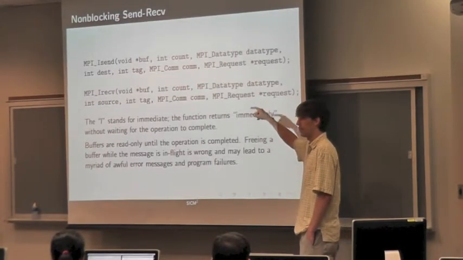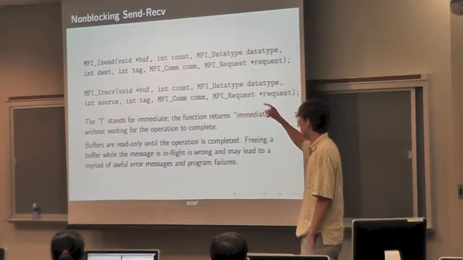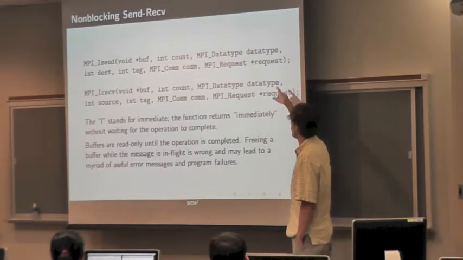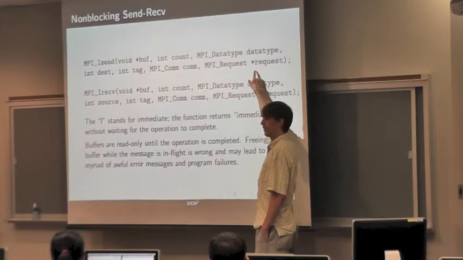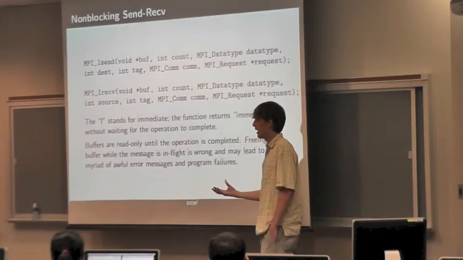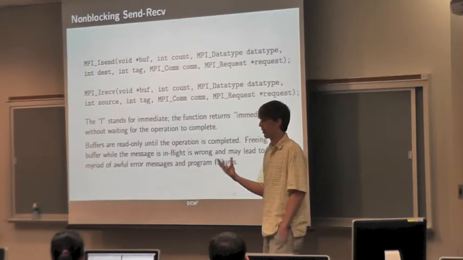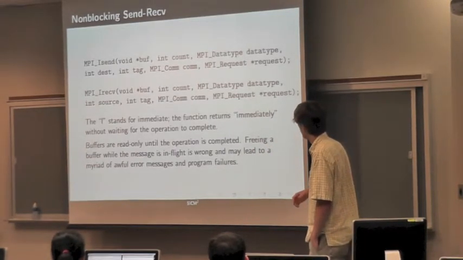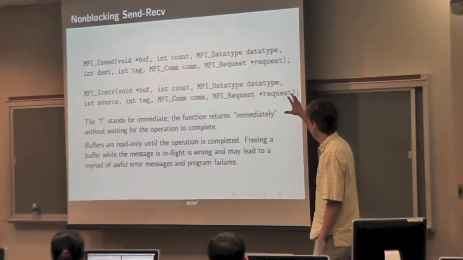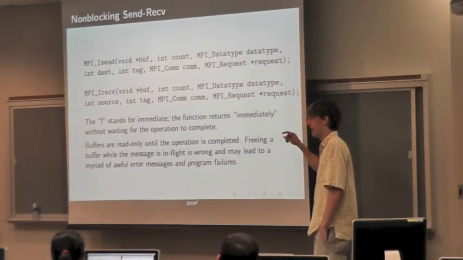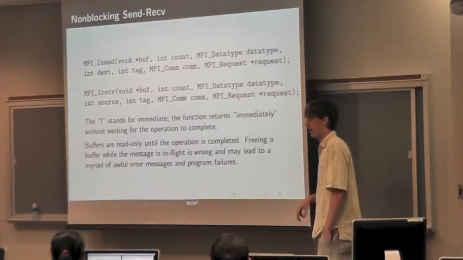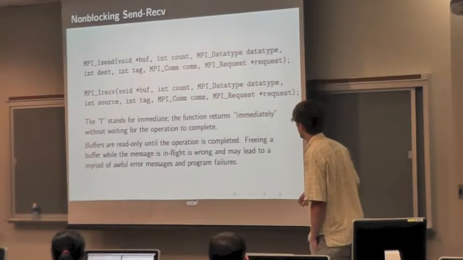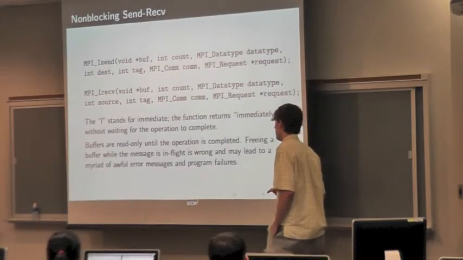This is an incomplete send or receive, and at some point later, you need to actually complete the operation. The way you do that is you get a request back. The request is just an opaque object, except in Fortran where it's an integer, one of the many reasons that old Fortran is bad. But a request object is the thing that allows you to say when you're done, okay? I can think of good analogies, but I think it's a fairly transparent concept.